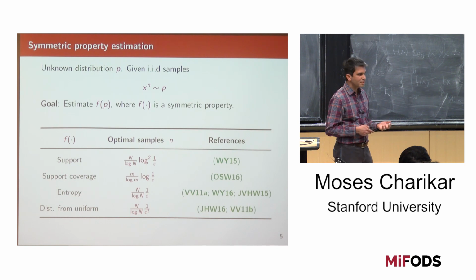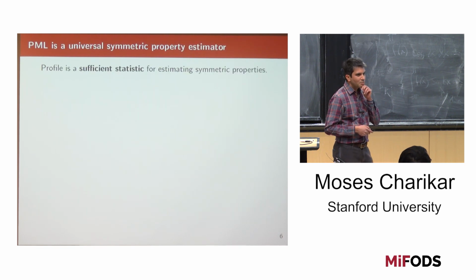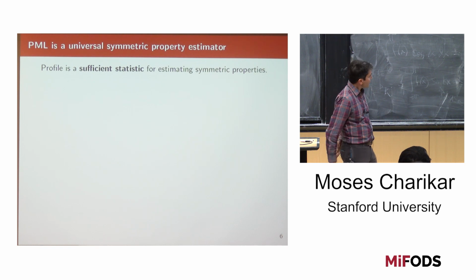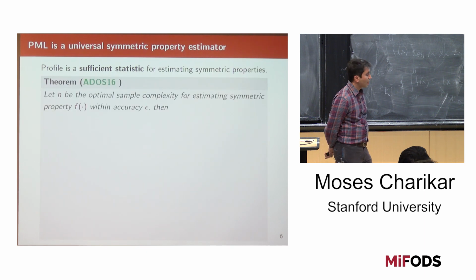What would be nice is to come up with some kind of method which can be applied to any property. In fact, there is such a proposal for a universal property estimator, and it goes via profile maximum likelihood.